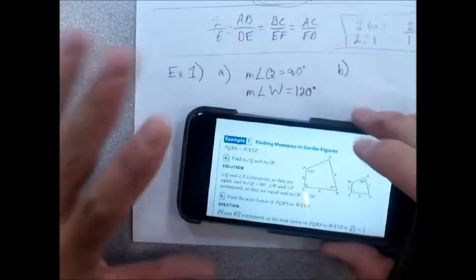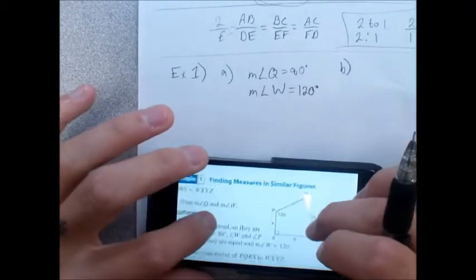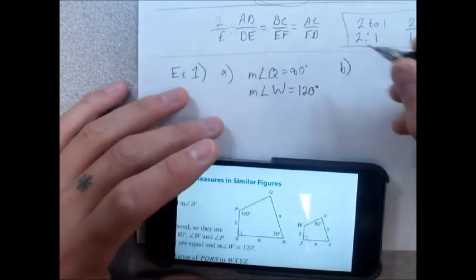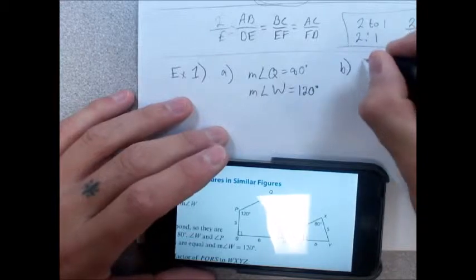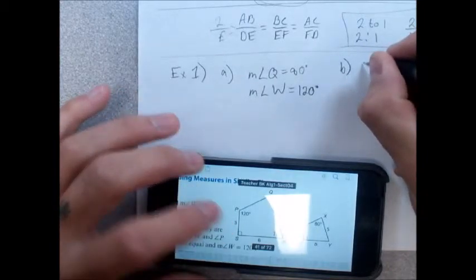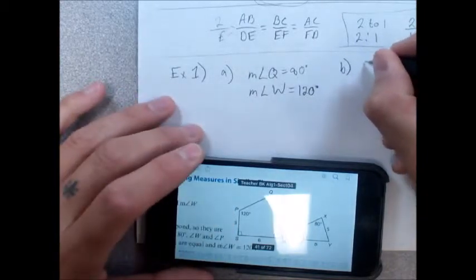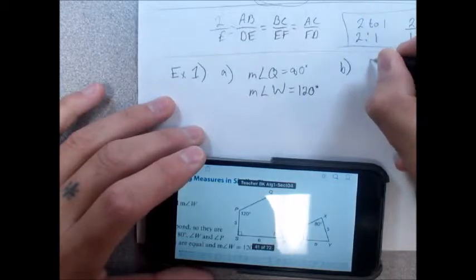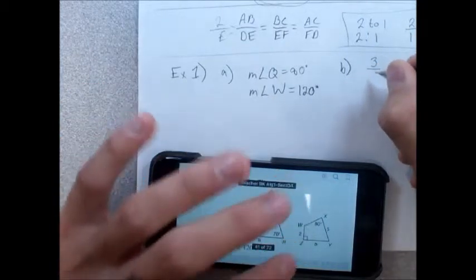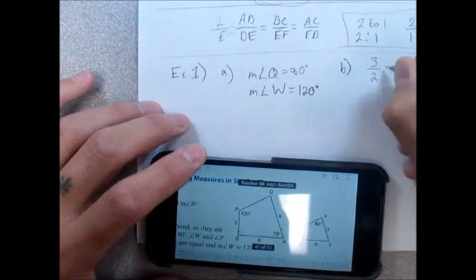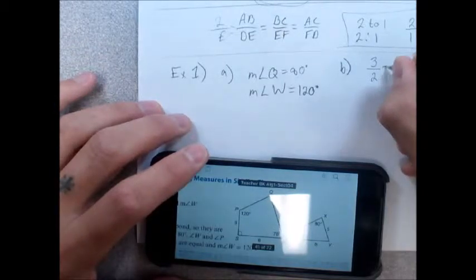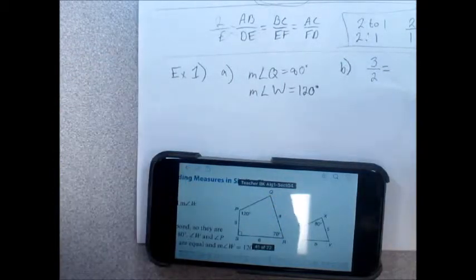I prefer to go big to small. It makes an easier proportion, and I highly suggest you do the same. So I go big, which in this case is PS, 3, to small, the corresponding spot, which is 2. And then that should be equal to whatever I can reduce it to.